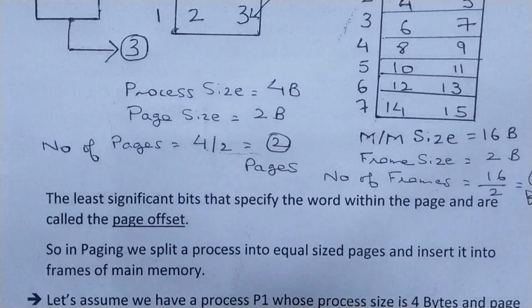Actually in paging technique it is mandatory to keep page size equal to frame size. In this paging technique, the least significant bits that specify the word within the page are called page offset. So in paging technique we split a process into equal size pages and insert them into frames of main memory.